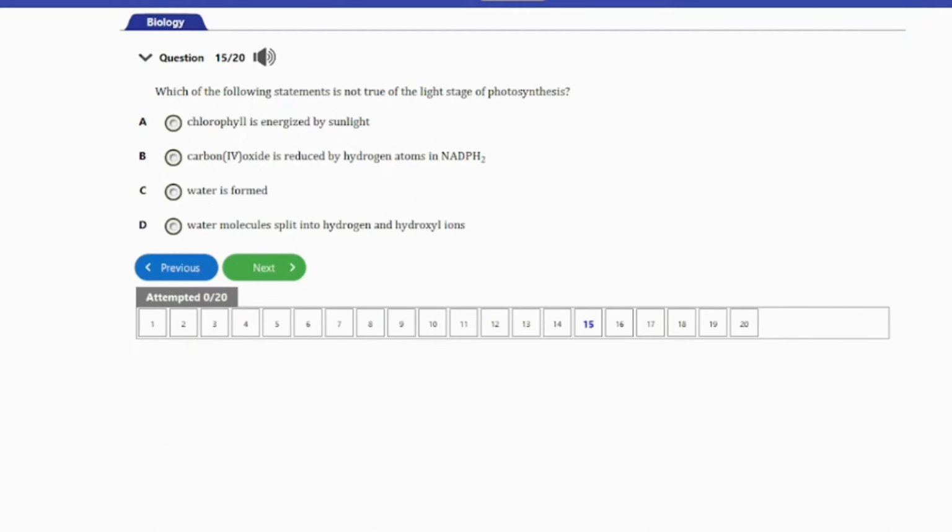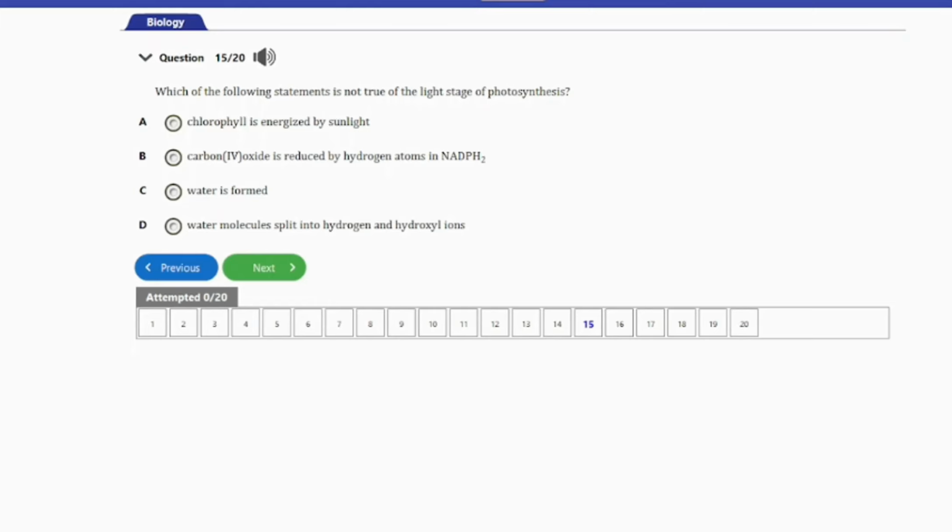That's question number 15 here. It says, which of the following statements is not true of the light stage of photosynthesis? We have A. Chlorophyll is energized by sunlight. B. Carbon dioxide is reduced by hydrogen atoms in NADPH. C. Water is formed.